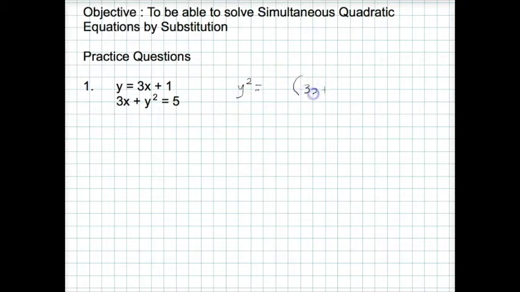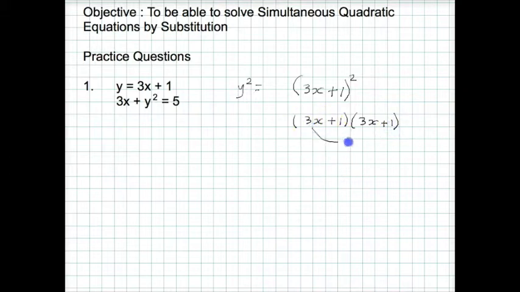If I go over here and write y squared, now y squared is going to equal 3x plus 1, squared. So we have to multiply out these double brackets first. 3x plus 1 multiplied by 3x plus 1.